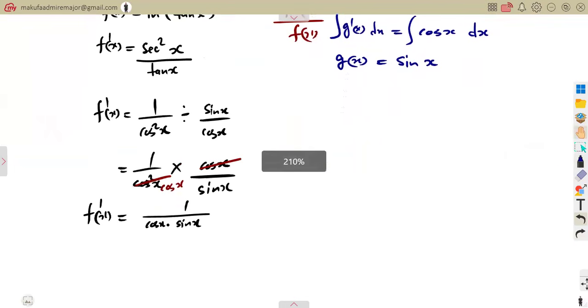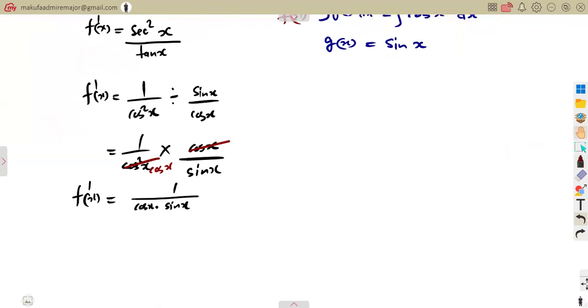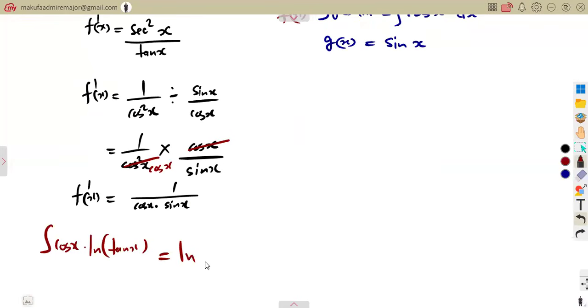Now we can use our formula. So this whole integral that we are given there, which is the integral of the cos of x times the ln tan of x, can be substituted into this formula, f of x times g of x, which is our by parts formula. So what is our f of x? ln tan x. So that is ln the tan of x times g of x. What is our g of x? Our g of x is the sine of x.